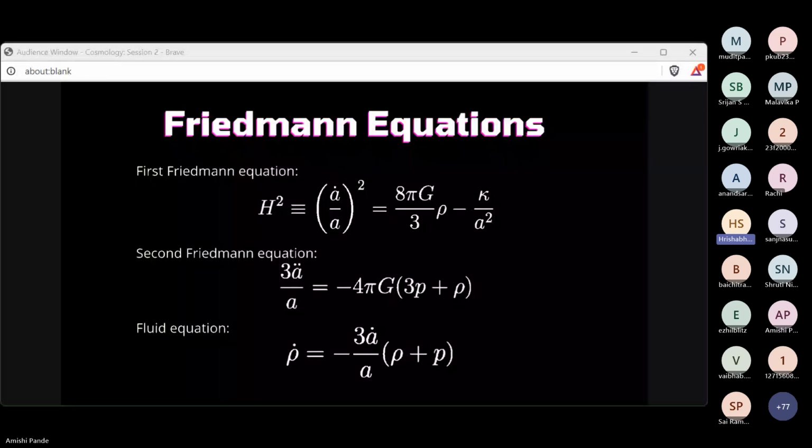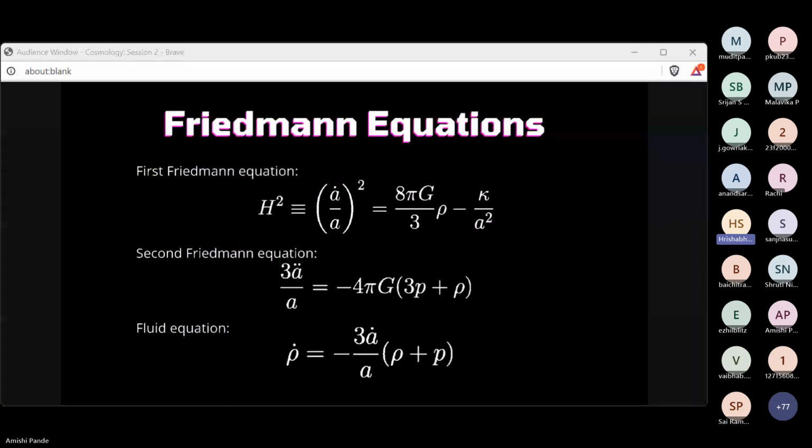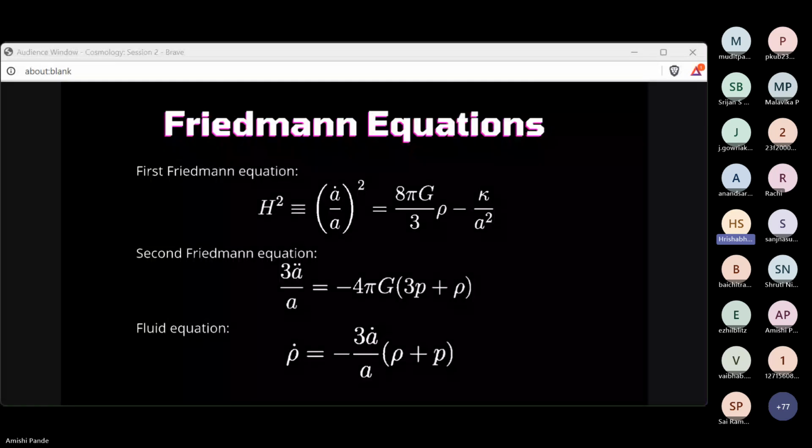So it is a sum of all the densities present in the universe. Is the first term clear? Just say yes or no. This is the first term of the RHS in the first Friedmann equation.